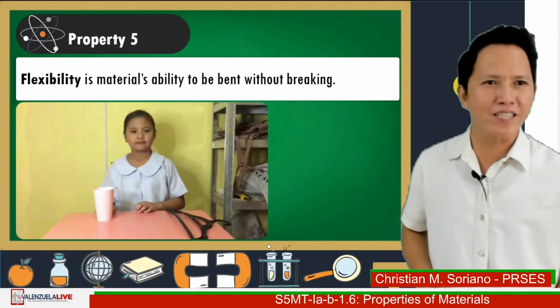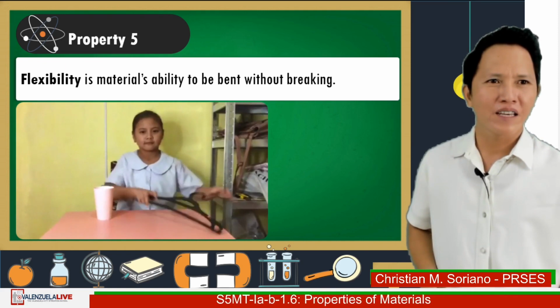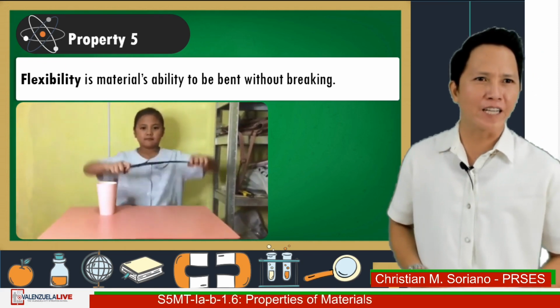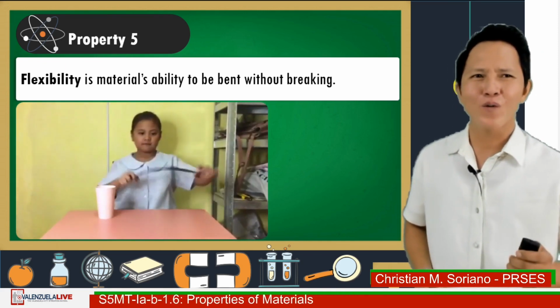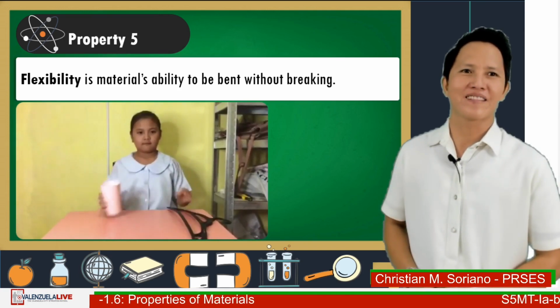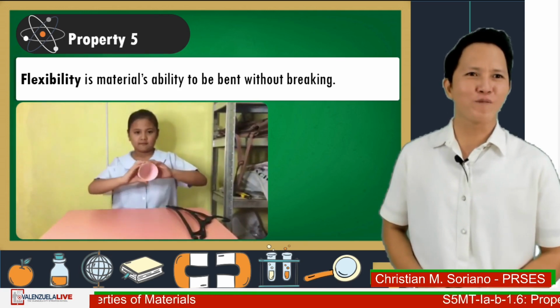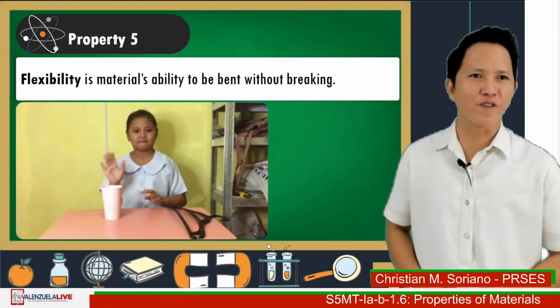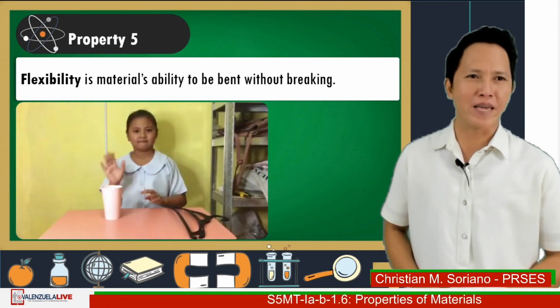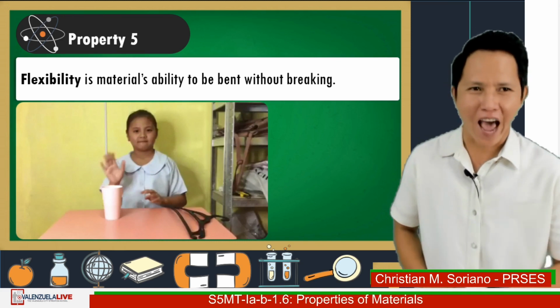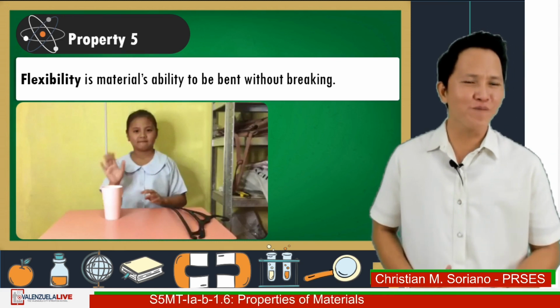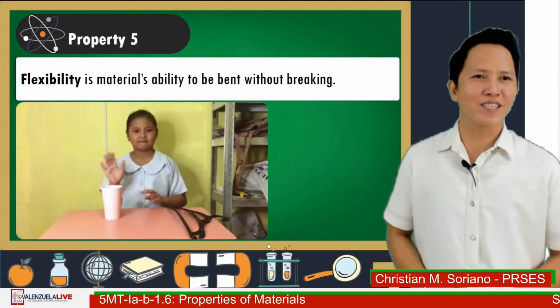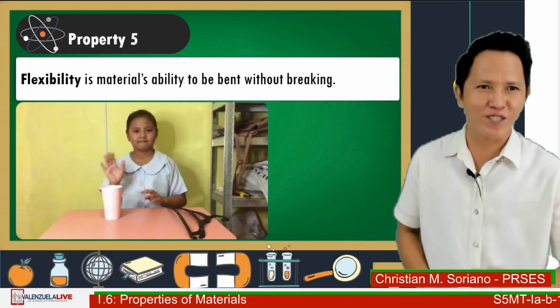When we mean flexible, it is the ability of the material to be bent without actual breaking in it. Okay? Those two materials are flexible and they return to their original shape once being bent. All right? I'm sure inside your home are many flexible materials. Try to identify them.